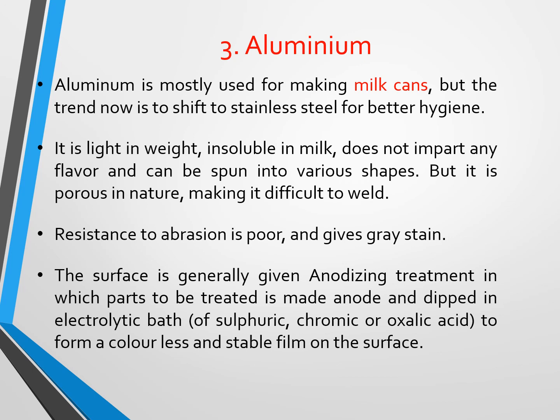Surface is generally given anodizing treatment, in which the part to be treated is made anode and dipped into an electrolyte bath. So aluminum is light in weight and we can fabricate it into the desired shape, but its resistance to abrasion is poor. So we generally do not use aluminum in the dairy industry or where milk is in contact with the product surface.